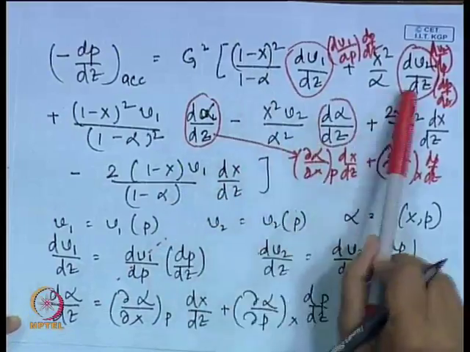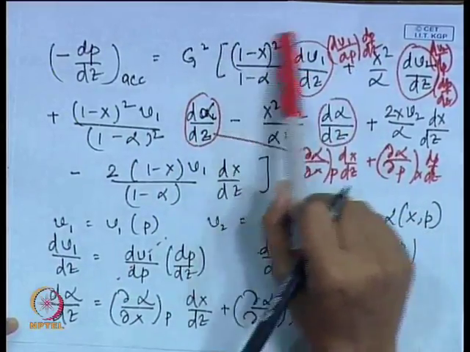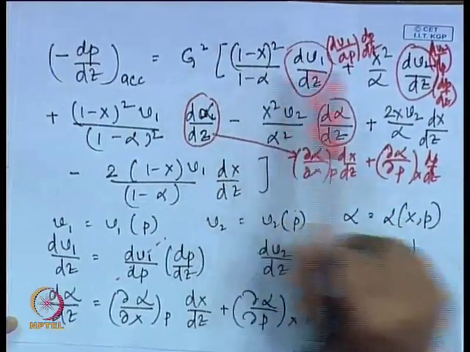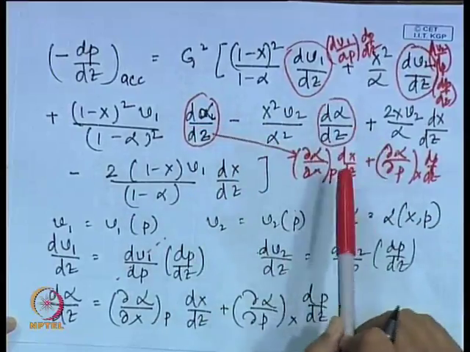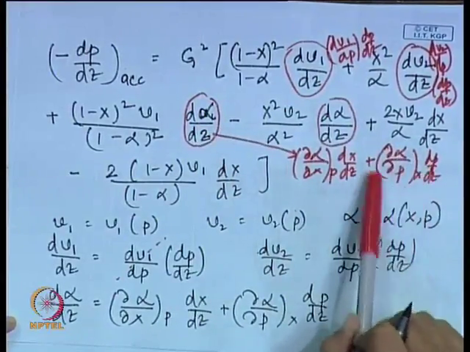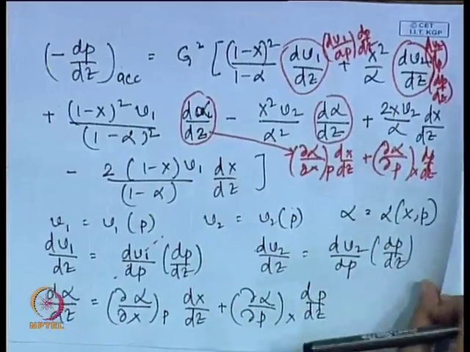So, 4 terms associated with dp dz: one term contains dv1 dp, another contains dv2 dp, and the remaining 2 terms contain del alpha del p at constant x, right.